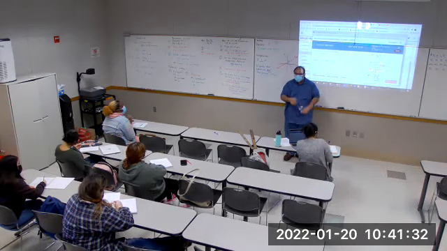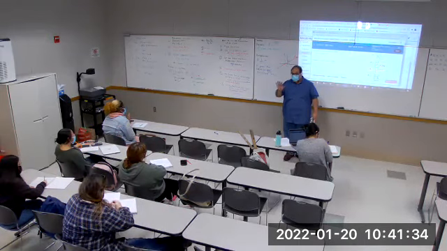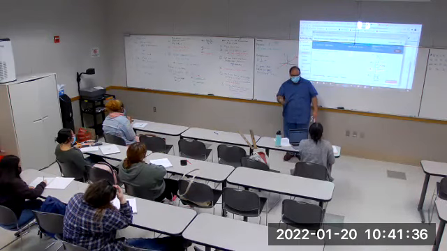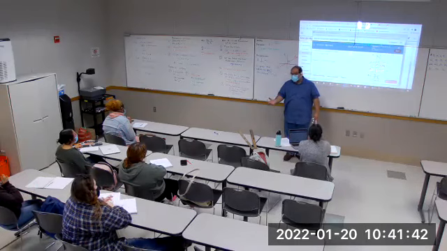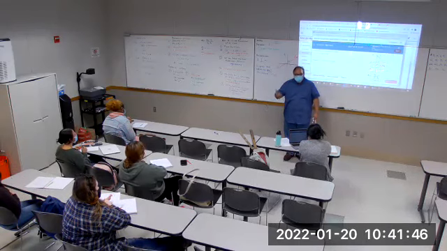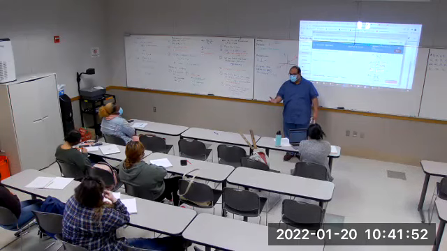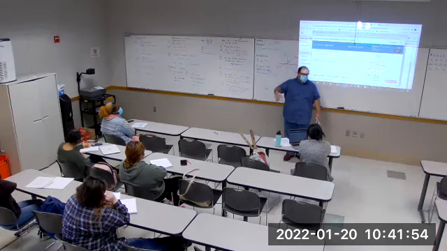When you get the review sheet, on the back are the answers to the review sheet, because there's no point in giving you a whole bunch of review questions if you don't know if they're right or wrong. That way you can know what to ask questions about. What I've had people say is, I didn't know how to do the questions on the back. Those weren't questions, those were the answers to the front.